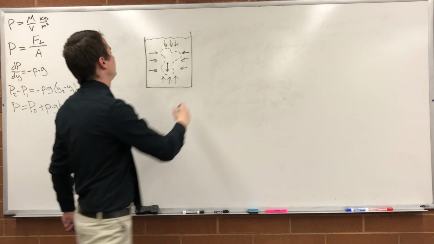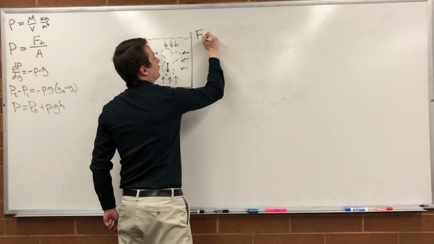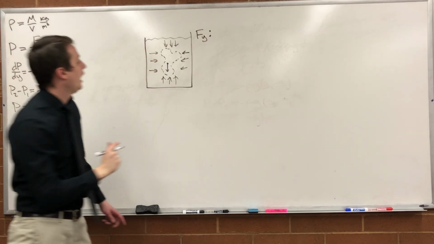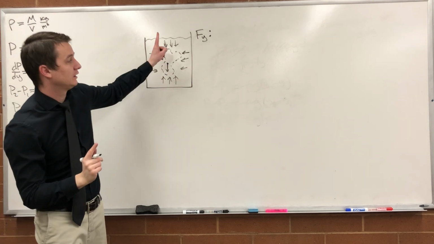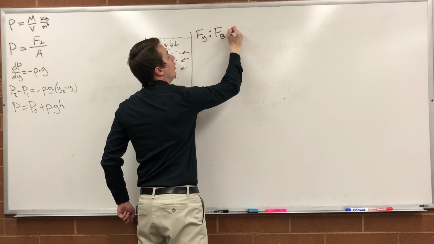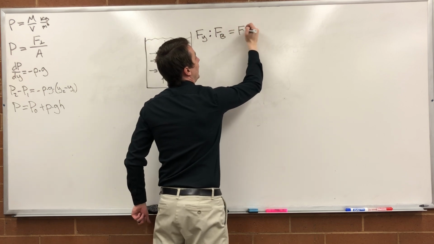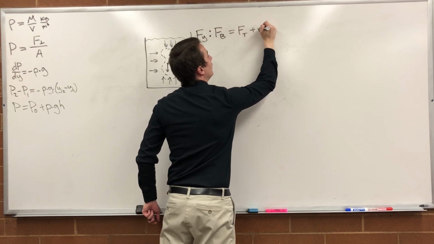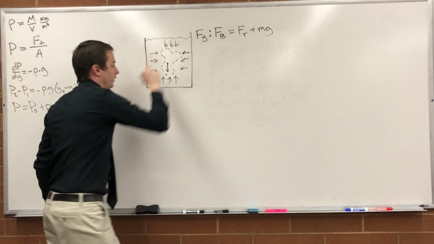In the x direction that's pretty trivial, but in the y direction, all the forces acting on the bottom are equal to all the forces at the top plus the weight of the water there.